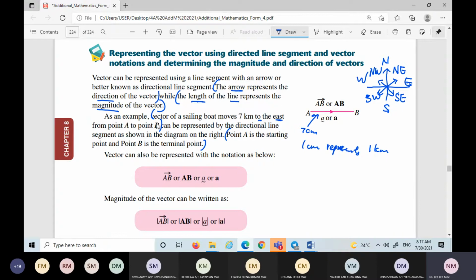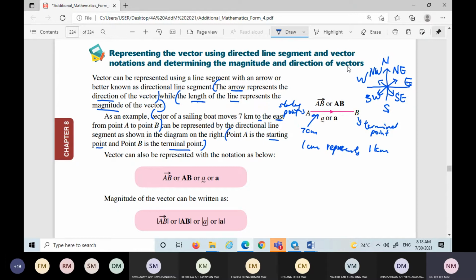If this is from A to B, A is the starting point and B is the terminal point, meaning the ending point. That's all. So this is how you use a directed line segment to represent the vector.